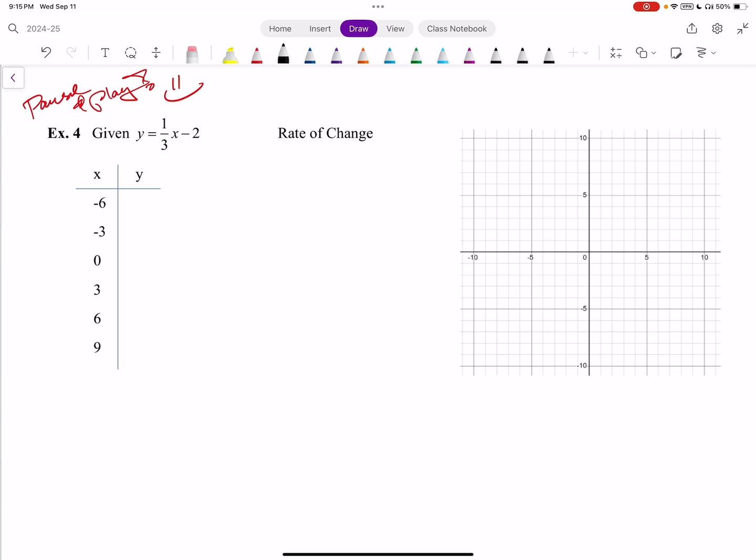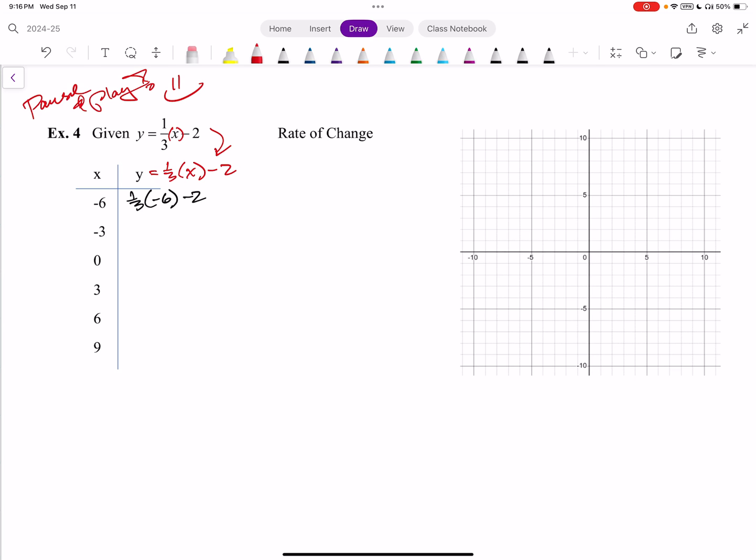I'm going to assume you already did this, so let's try it. We're going to take 1/3 times whatever x is, minus 2. So 1/3 times -6, and then minus 2, because the function is equal to 1/3 times whatever x is, minus 2.